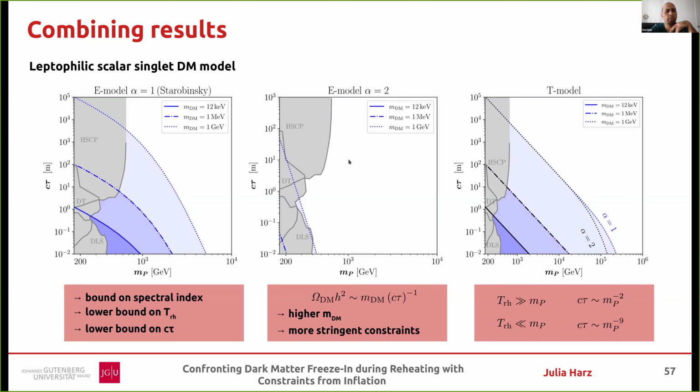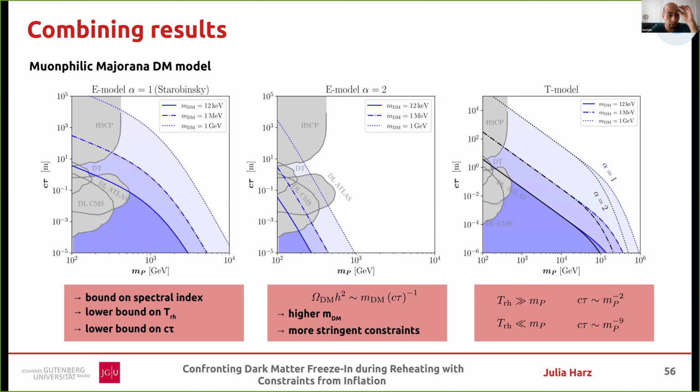Julia? Yeah. Sorry, I'm a little confused here. In the plot on the left, what I am understanding is that below the dotted line, all that region is excluded by the data of BICEP combined with Planck, etc. Exactly.